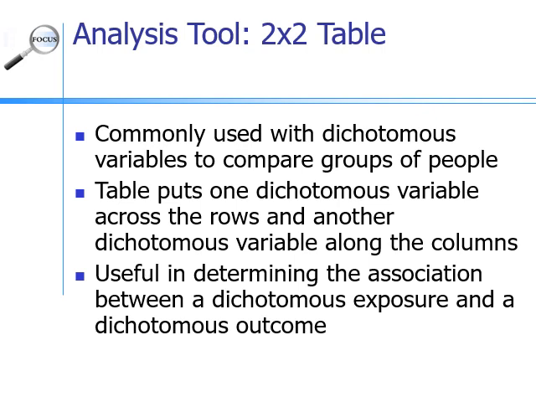This setup is useful because we are usually interested in determining the association between a dichotomous exposure and a dichotomous outcome. For example, the exposure might be eating salsa at a restaurant or not eating salsa, and the outcome would be being infected with hepatitis A or not.